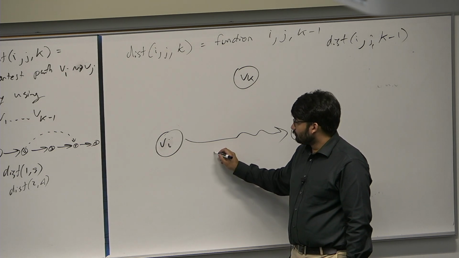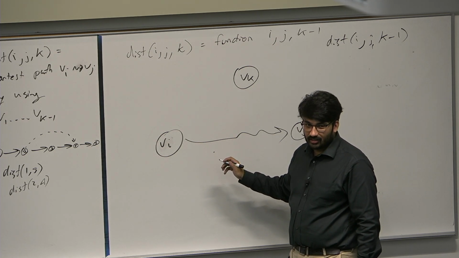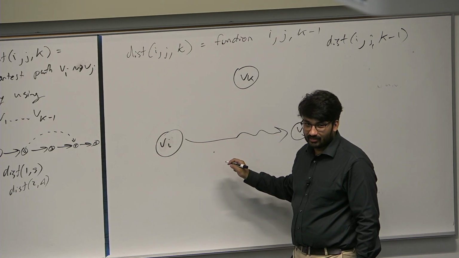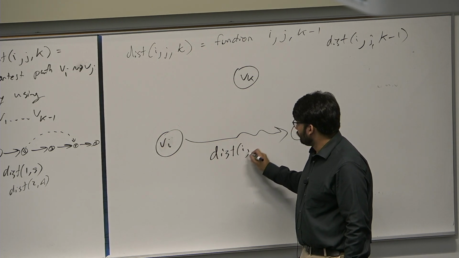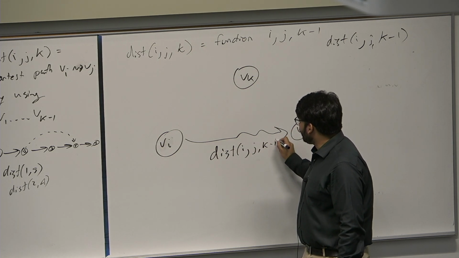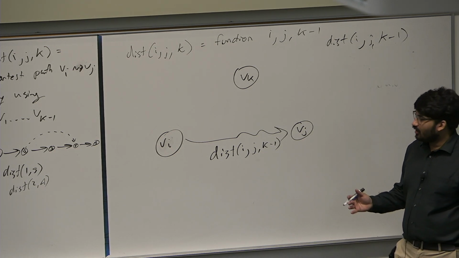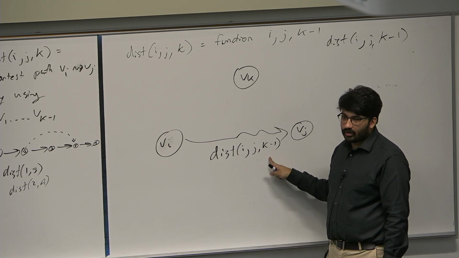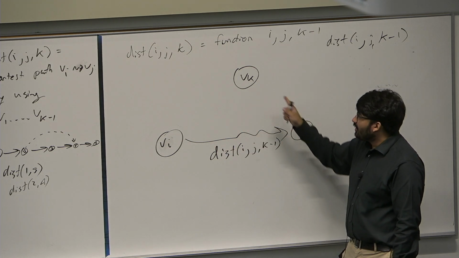In the notation we're using, it's dist ij k minus 1. Yes. So we've currently computed that value, and that's something we've stored, and we're going to look at it and maybe update it. So dist ij k minus 1 is the current shortest path known from vi to vj that doesn't go through k.